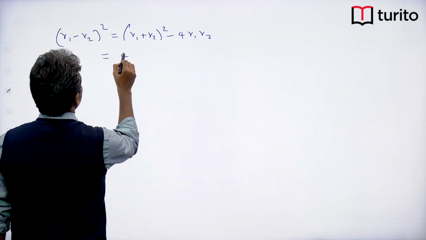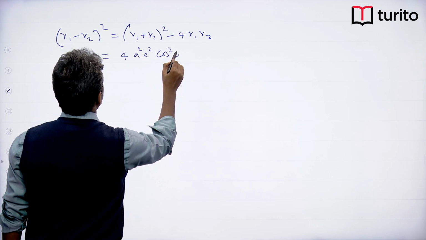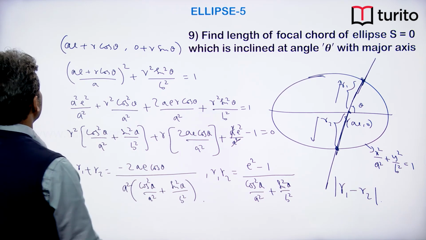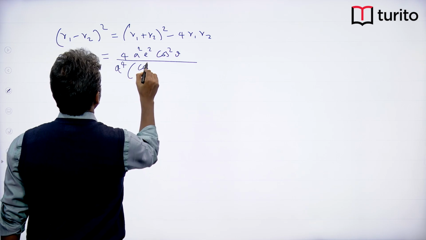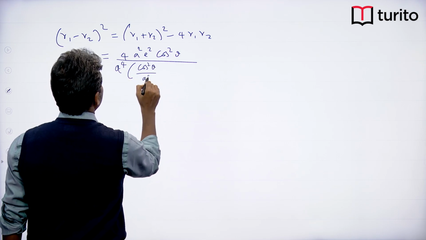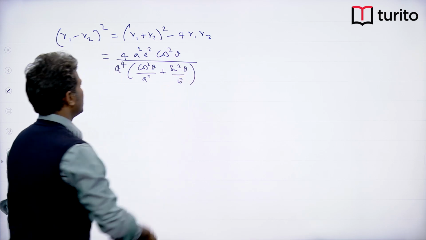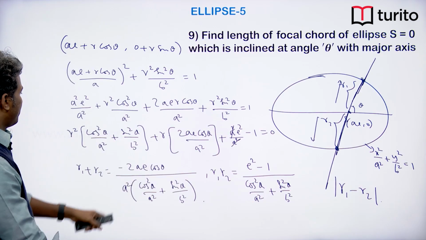So, basically it becomes 4 E square A square cos square theta divided by A power 4 into cos square theta by A square plus sin square theta by B square, and also there will be a square on this. Okay.